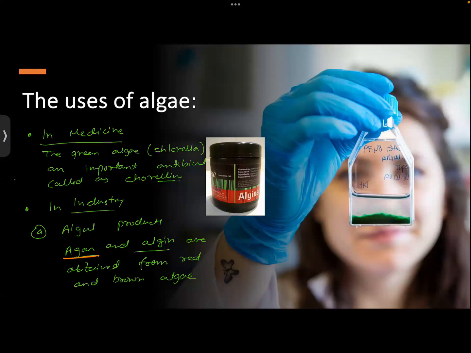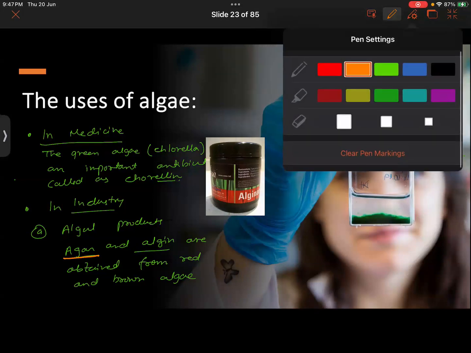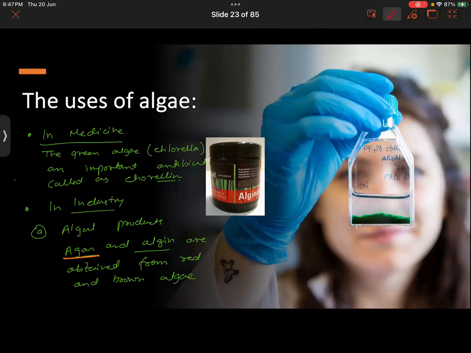Like gelatin is added in soups and different food items. So let me write it over here that agar is used as an alternative for gelatin.